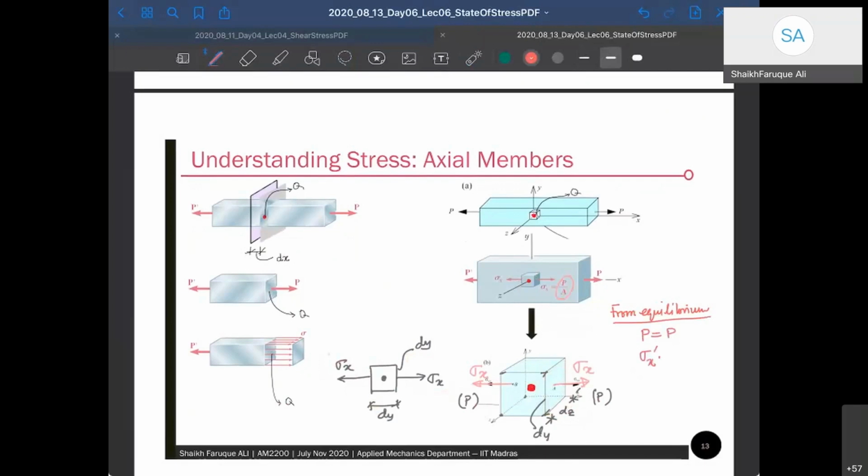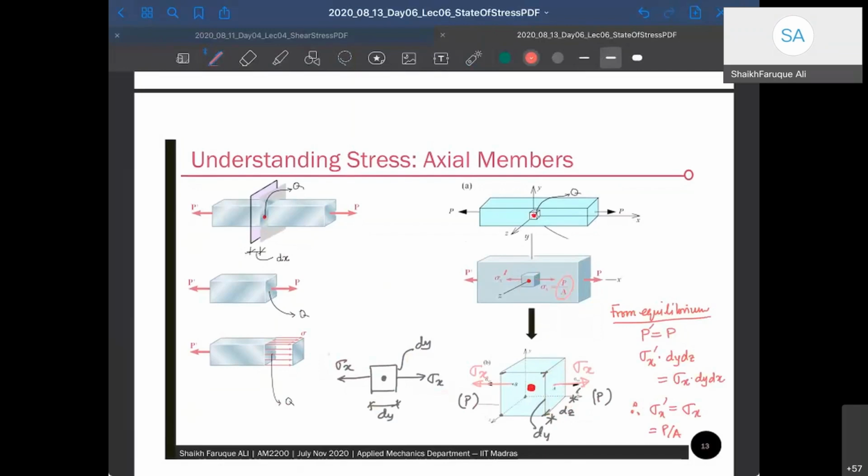Into, or I'll write P dash into dy dz equal to sigma x into dy dz. Therefore, sigma x dash equal to P by A. Okay, so both sides will be equal.